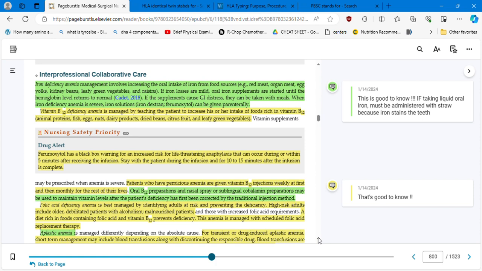If iron losses are mild, oral iron supplements are started until the hemoglobin level returns to normal. If the supplement causes GI distress, they can be taken with meals. Having said that, the optimal way to take iron supplements is in between meals on an empty stomach and with vitamin C. Professor, why vitamin C?